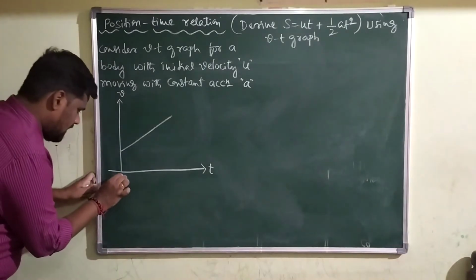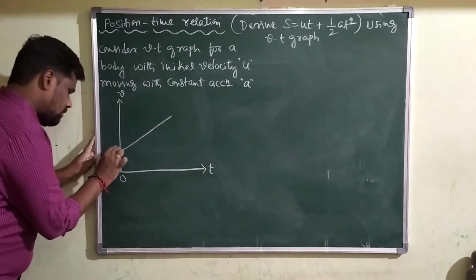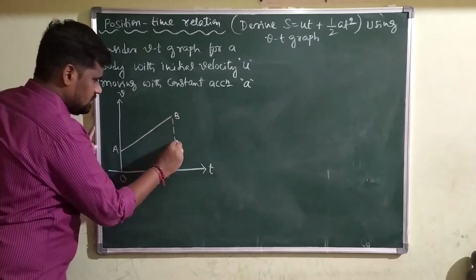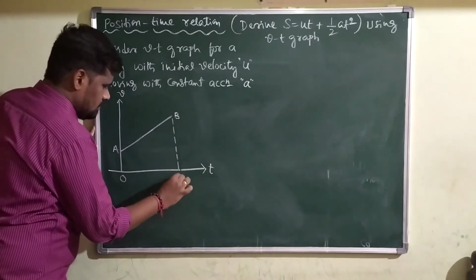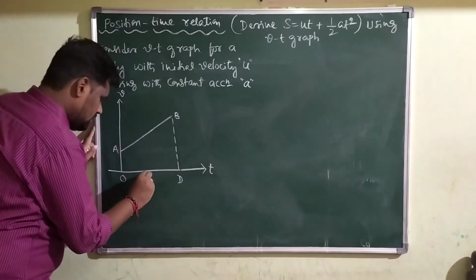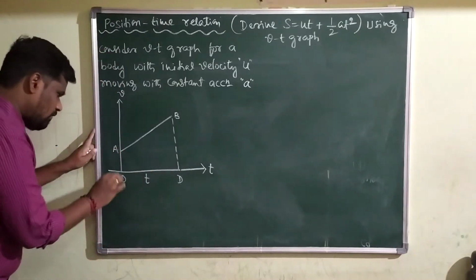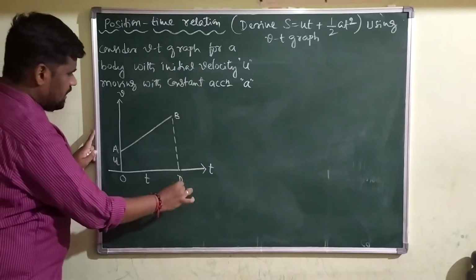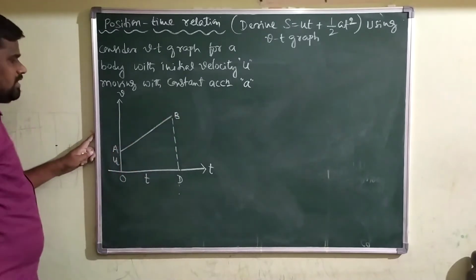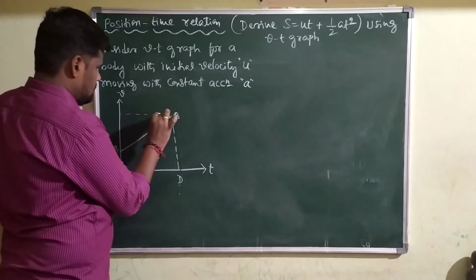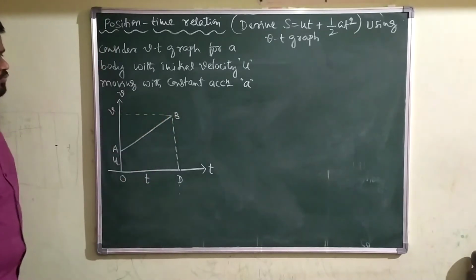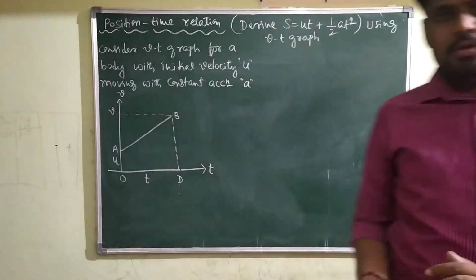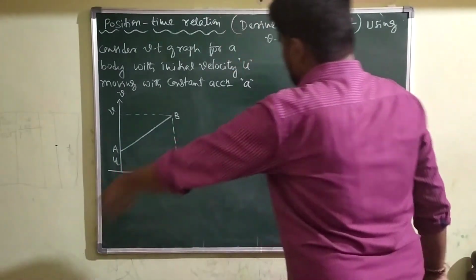This point we call as O, this point we called as A, this point we called as B, and this one we have taken as T. So OD value is equals to T, OA value is equals to U, and BD value is nothing but V here. This value is taken as V.